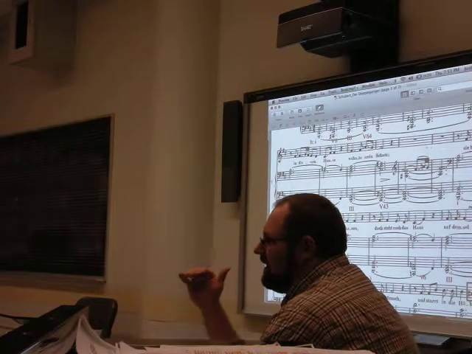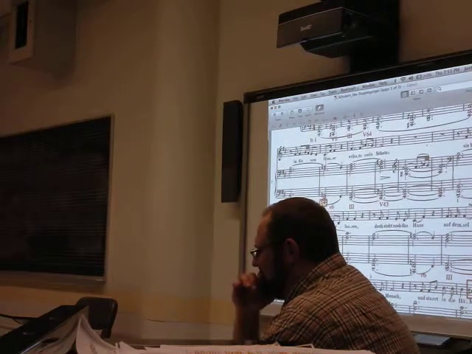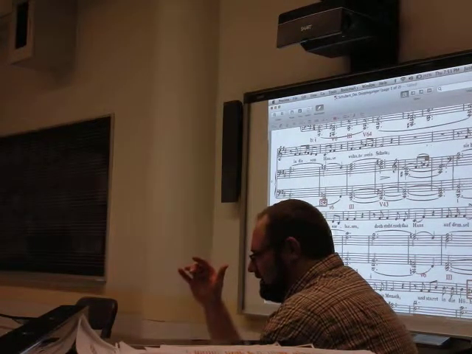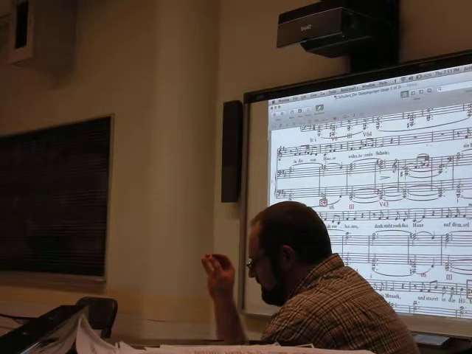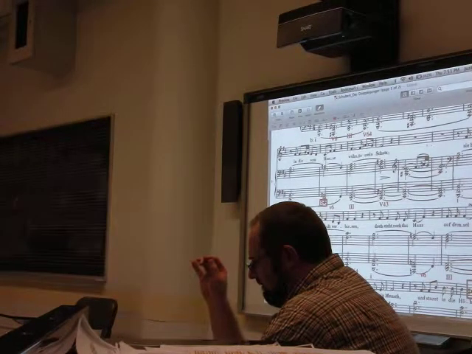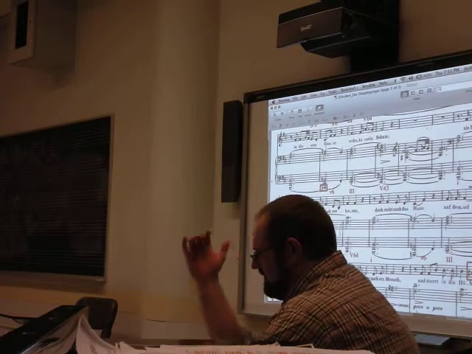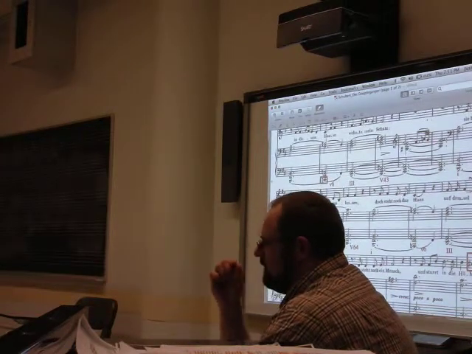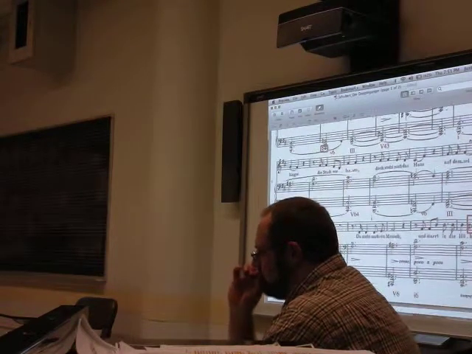Just floating around that E the whole time. The F sharp there. Little vocal break. Rest of the stanza. Start to get that kind of anguished tone. A little bit more of the tonic pitch.